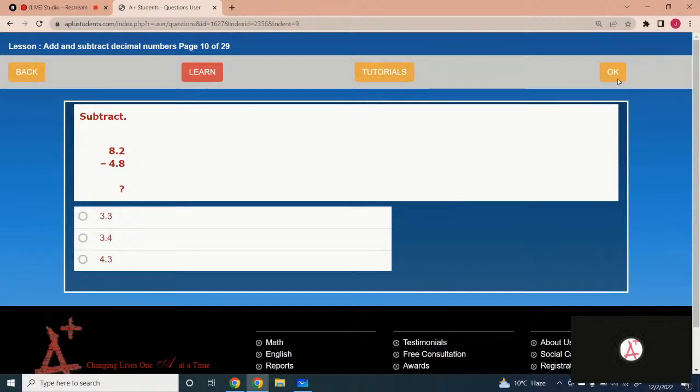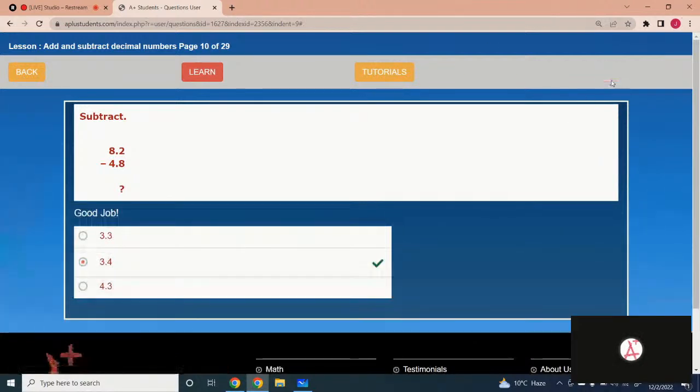It would be 3.4. Got it. So just select the correct option, then click on the OK button.